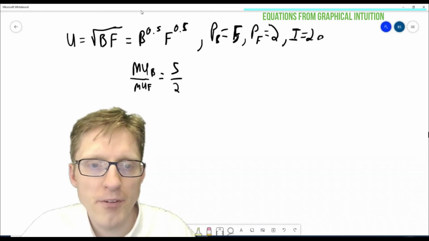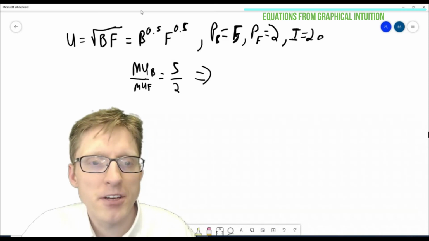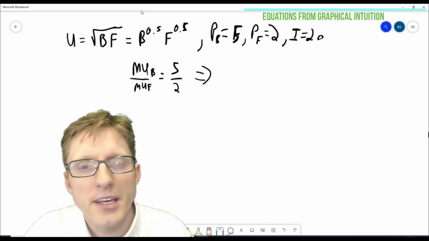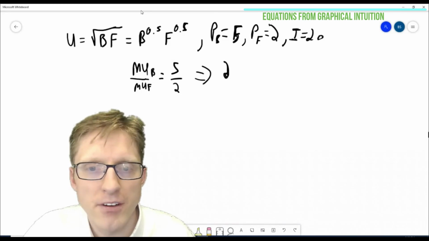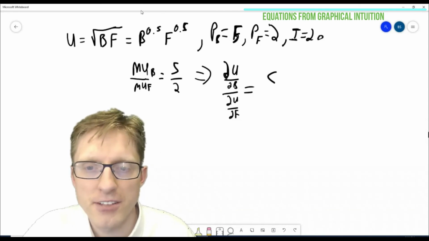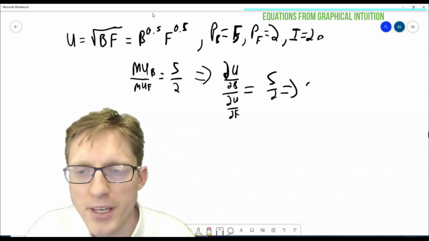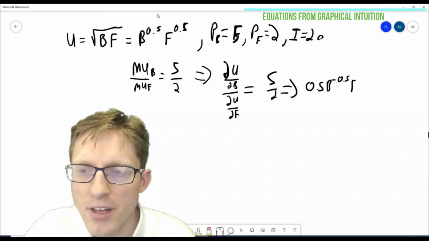To solve this problem, the first thing you have to do is calculate these marginal utilities. The marginal utility with respect to b is just the partial derivative of the utility function with respect to b. So we have the partial derivative of utility with respect to b over the partial derivative of utility with respect to f. That's just the ratio of marginal utilities, and that's equal to 5 over 2. The partial derivative of utility with respect to b is 0.5 b to the minus 0.5 times f to the 0.5.